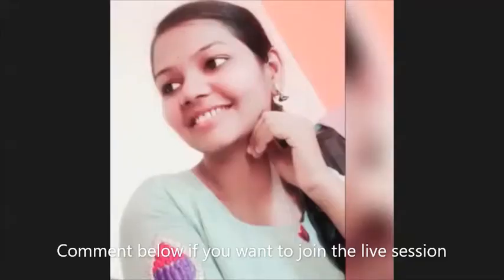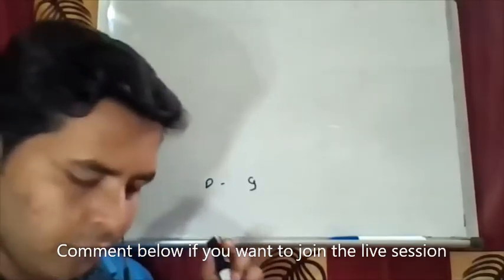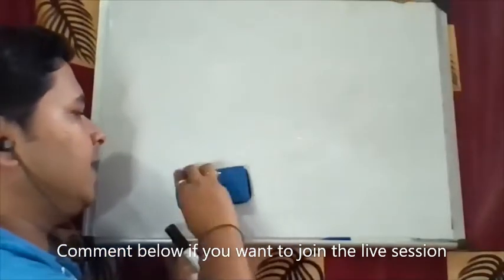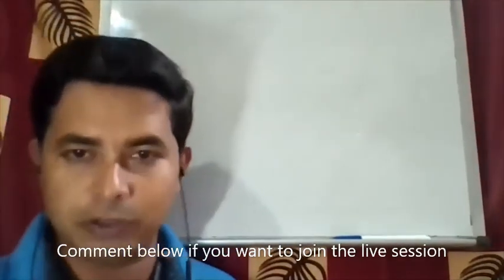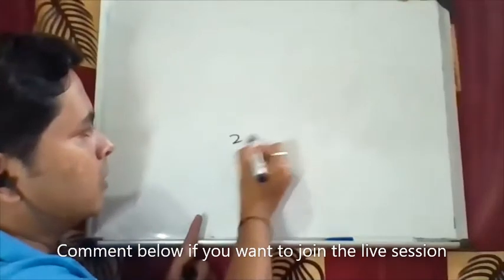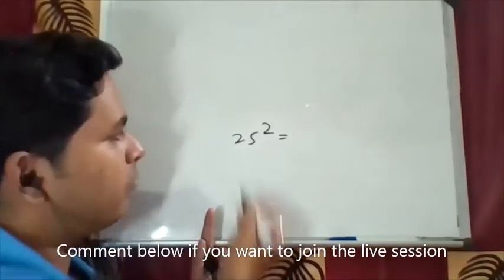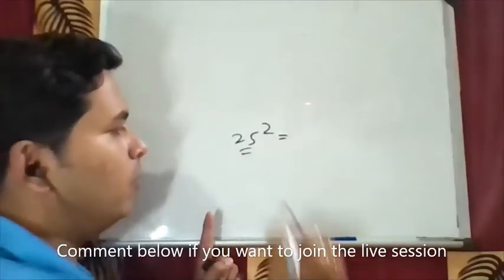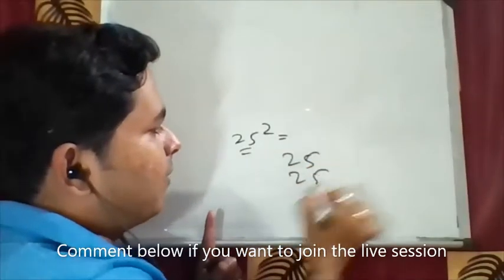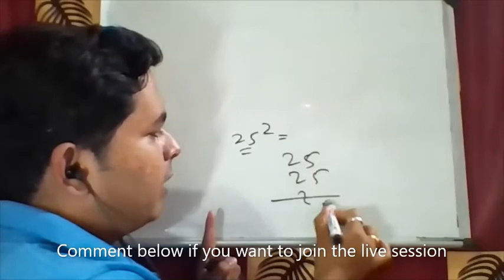Usually we follow the method like, if a number is given, say 25 square, and we don't know the direct value, we just multiply 5 ones are 25 like this.